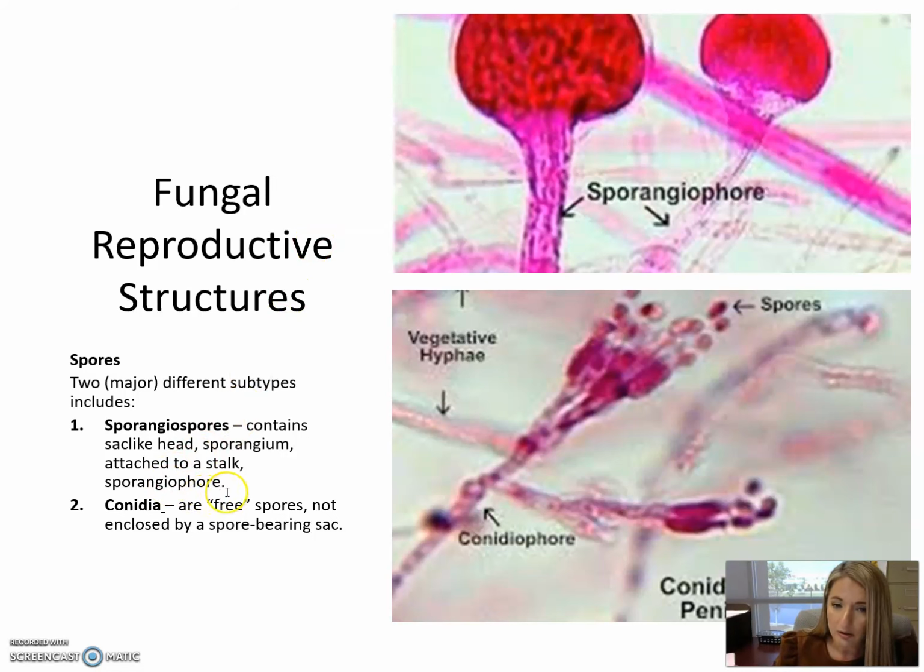Candida are free spores, so they are spores that are not encased, and this is very common for mold. So if we look here, these little circular structures at the top here, these are all technically Candida spores. They're not encased in any type of membrane.